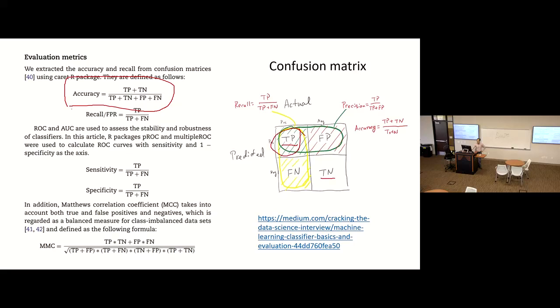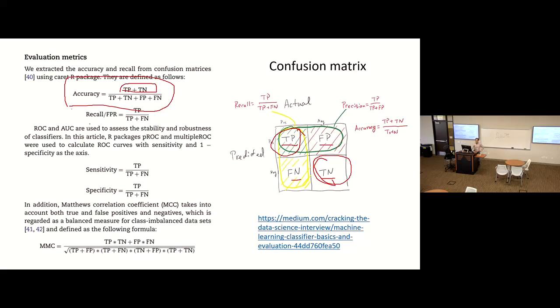You want bigger numbers in these two locations, and fewer false positives and false negatives. When you report accuracy, it is the summation of true positive and true negative divided by the total. So it's a percentage: you predict something, either yes or no, correctly.